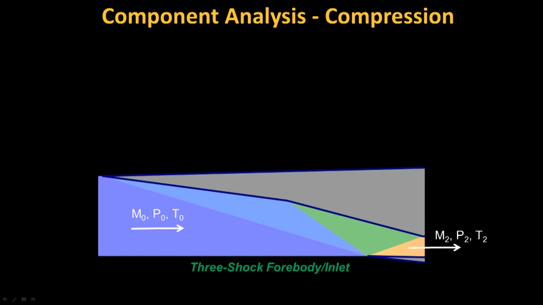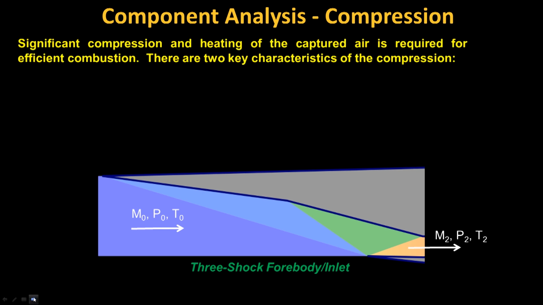So, compression. In order to burn fuel efficiently, the air captured by a scramjet flying at high altitude must undergo a significant compression. There are two key characteristics of any compression process.